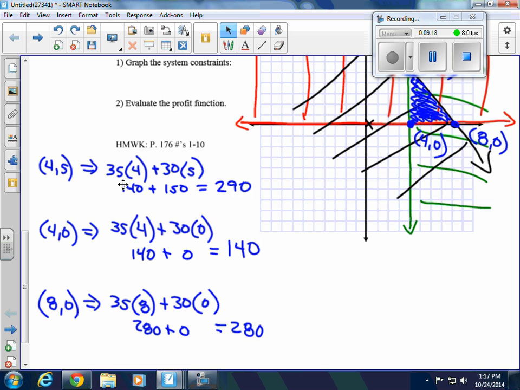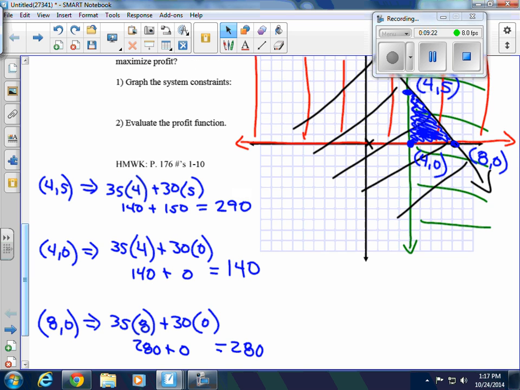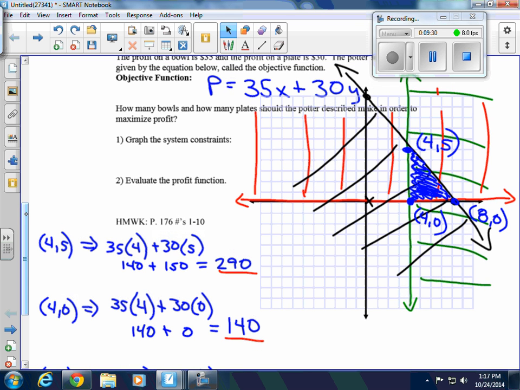So if we look at this question, we want to evaluate the profit functions, which we did. Here are the numbers that we got. So if we look back to the question, it says how many bowls and how many plates must the potter make in order to maximize his profit?